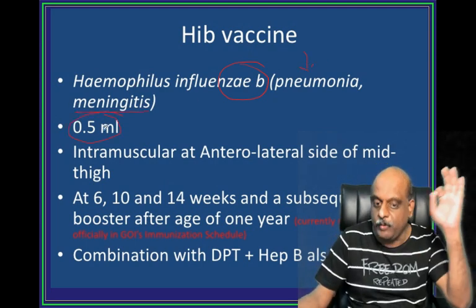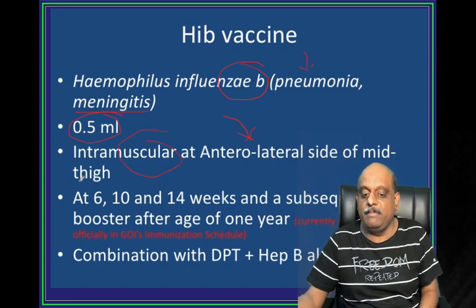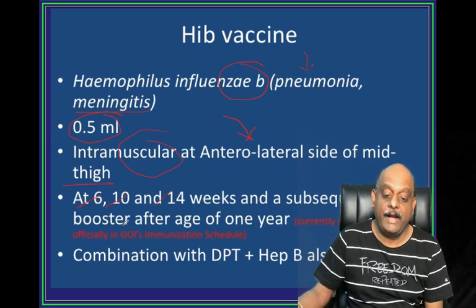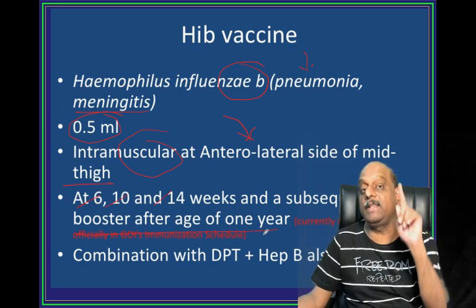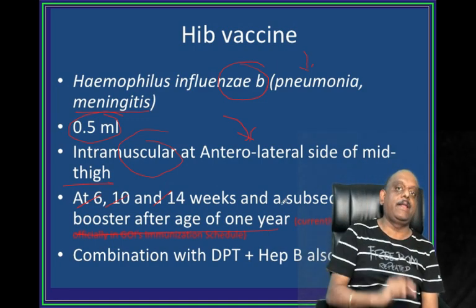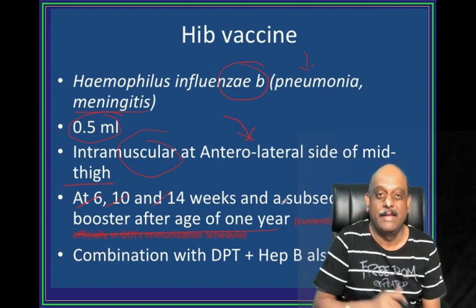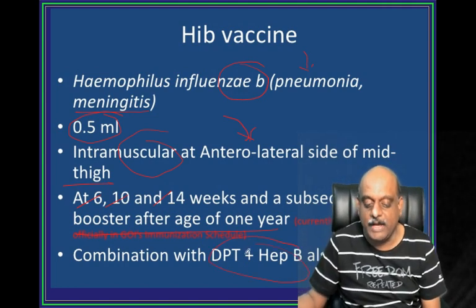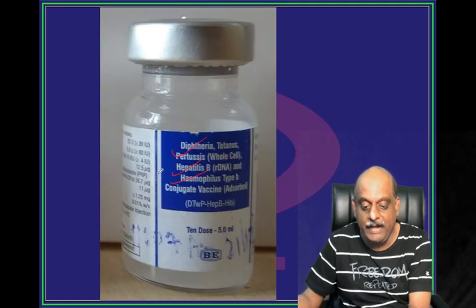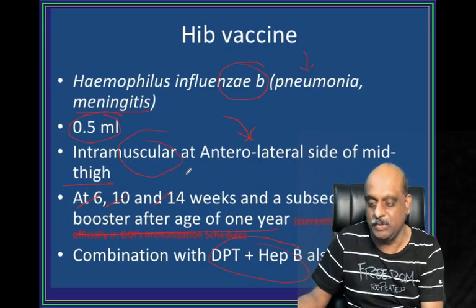This vaccine is 0.5 ml, intramuscular, anterolateral side of the mid-thigh, 6th, 10th, 14th week, and a subsequent booster after the age of 1 year. But that booster after 1 year is no more included under the universal immunization schedule. And there is also a combination, as you have just seen: Hepatitis B, DPT and Hib. Combined vaccine is also available.